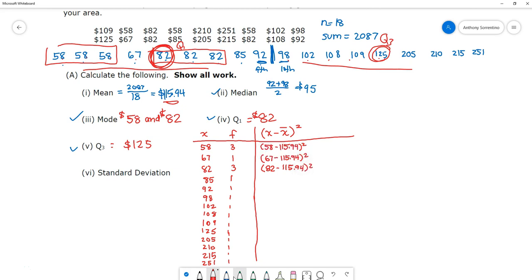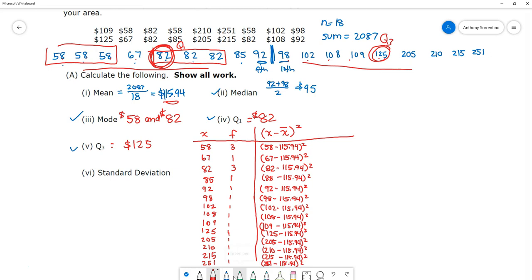Which could help, and for the interest of time in this video, instead of me showing you all of these calculations, I'm just going to speed this up a little bit. So I would set all these up, and then I would basically do the frequency times that, especially for the ones that appear more than once, and I would get values over there.